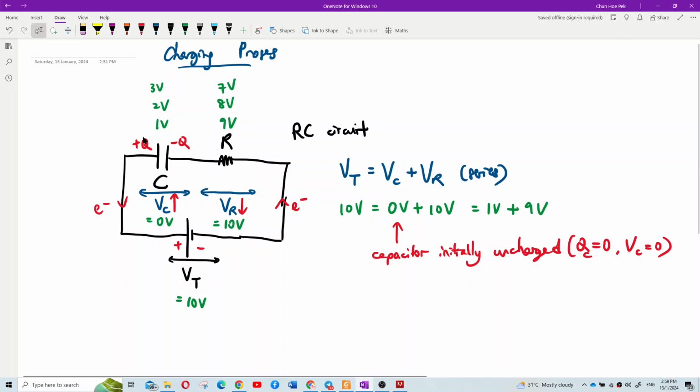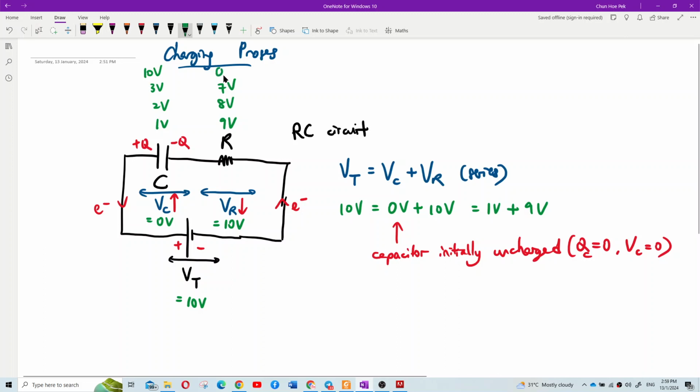Finally, class, this process will continue until the capacitor becomes fully charged. It only stops when the capacitor becomes 10 volt. It takes all the 10 volt, and the resistor is left with how many volt? 0.